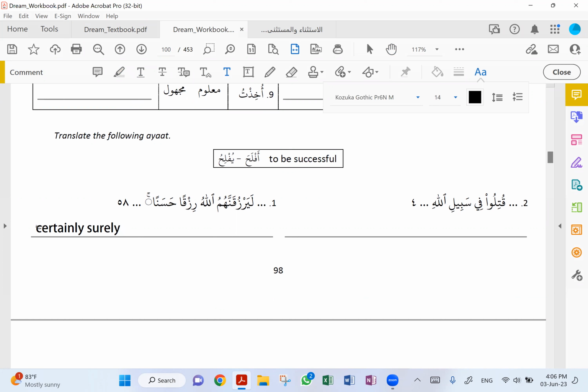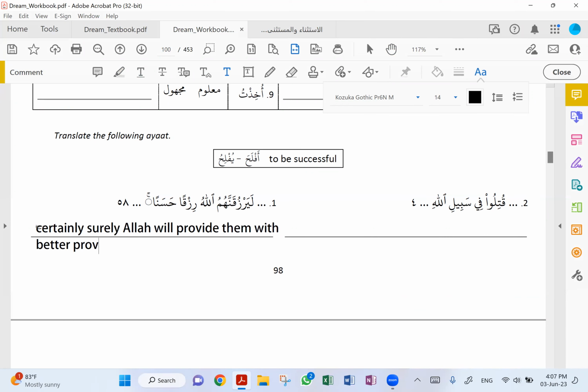Certainly, surely, Allah will provide them with a better provision, or a good provision. Hasanan, good, better.